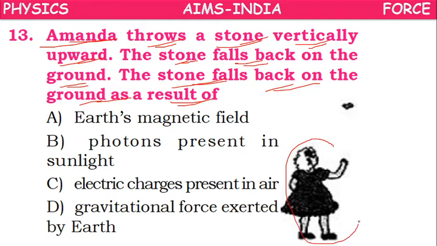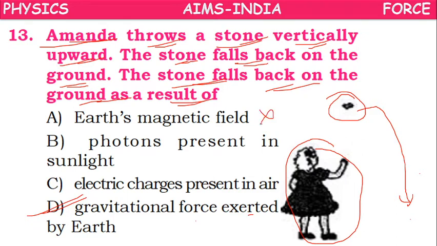So this girl throws a stone upward, and after some time it will fall down. Why? Because of the gravitational force exerted by the Earth. Not because of the Earth's magnetic field, not because of photons present in sunlight, not because of electric charges. Because of the gravitational force by the Earth.